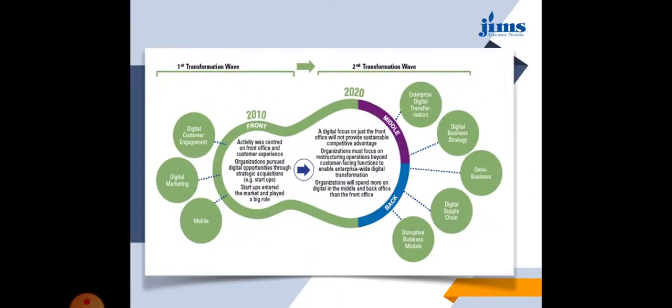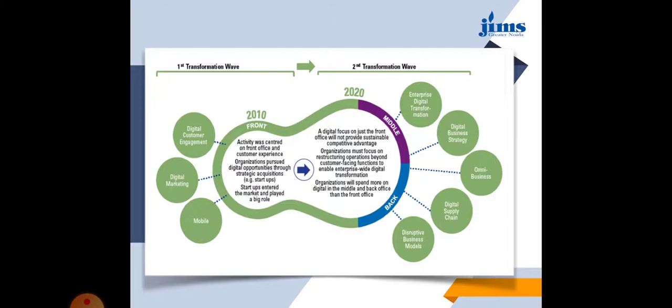So here I have tried to show you the two transformation waves. One is of 2010, and one is 2020. If we talk about the first transformation wave, it included digital customer engagement, digital marketing, and mobile marketing. So activities were centered on front office and customer experience.